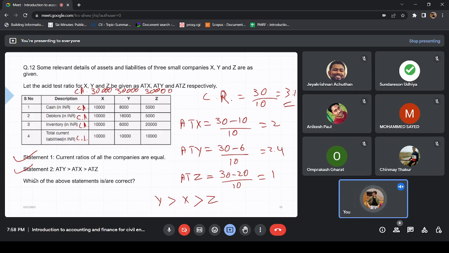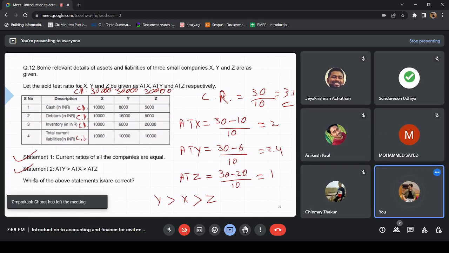If they are selling at the same 20% profit, he can sell goods worth 20,000, while another can sell only 6,000. So profit reduces. You can see that as the aggressive nature increases, profitability increases, but the acid test value decreases. You can get this kind of analytical, statement-based question in your exam.